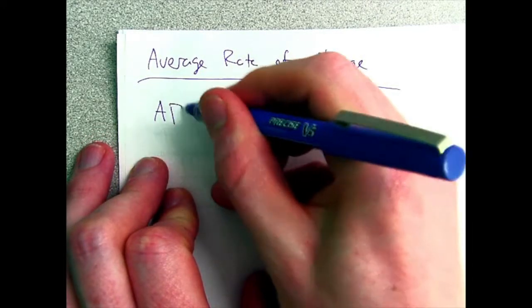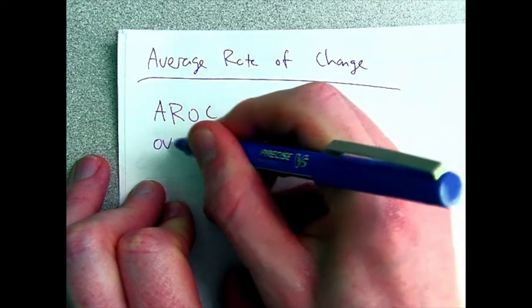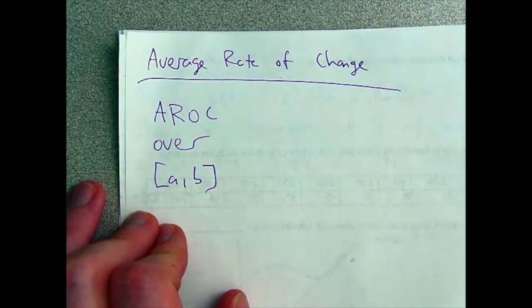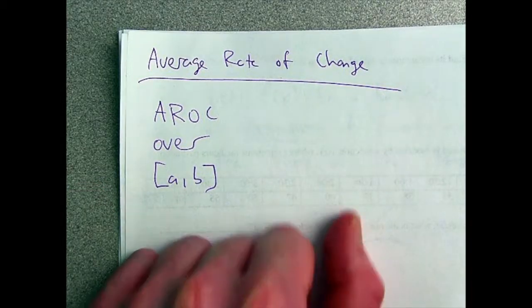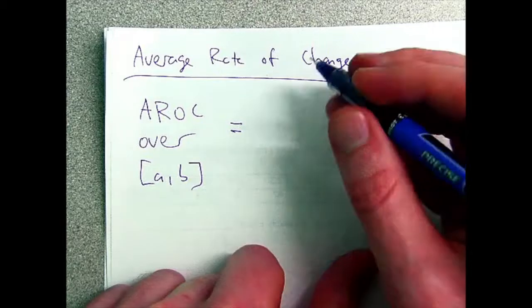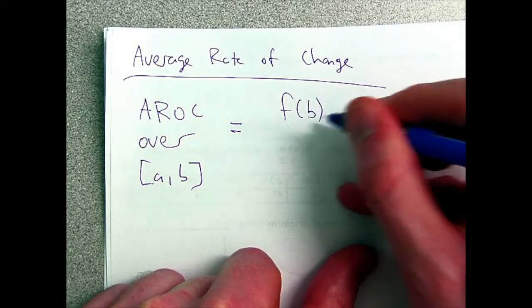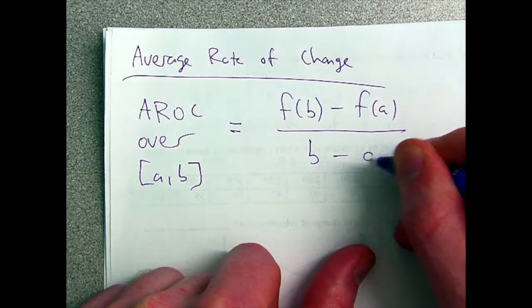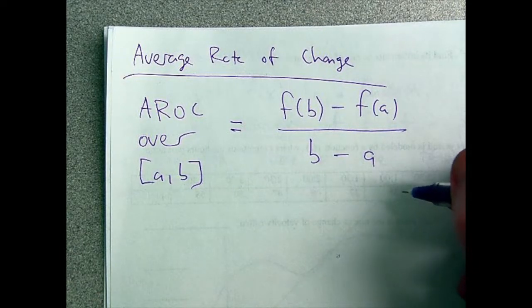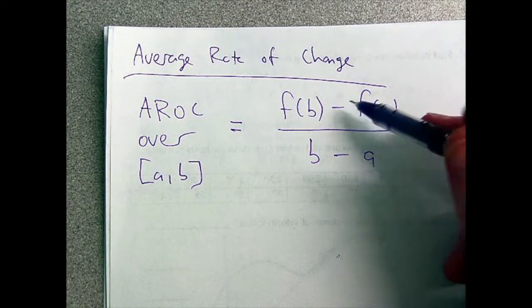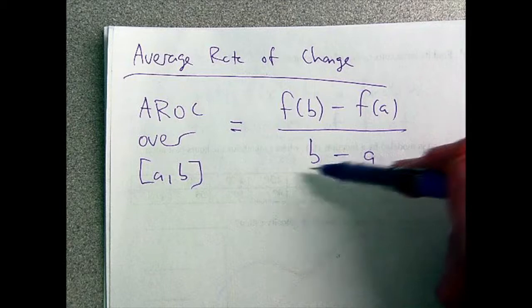The average rate of change of a function over the interval [a, b] is given by the following formula: f(b) minus f(a) over b minus a. This is a formula you gotta know. It is the average rate at which the function is changing over this interval.